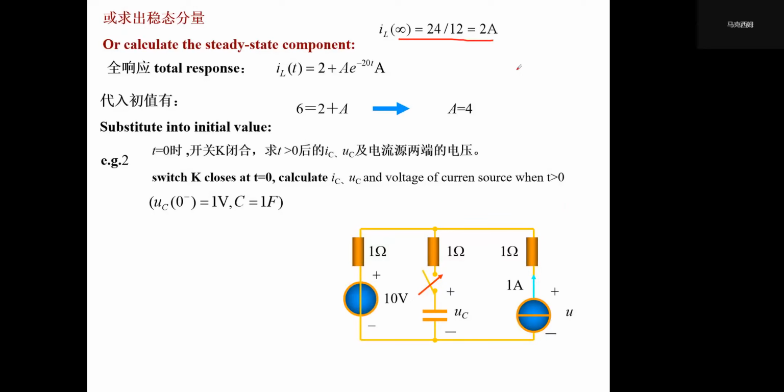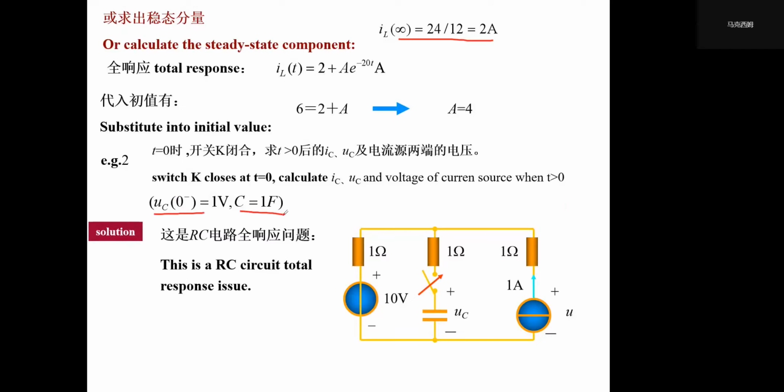So we know that UC(0-) is 1 volt, and the capacitance is 1 farad. Actually, it's a very large number, but for this case, we just omit that. So this is a typical RC circuit total response issue, and we can calculate the steady state components.